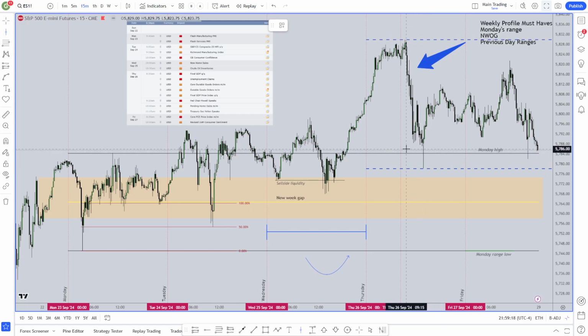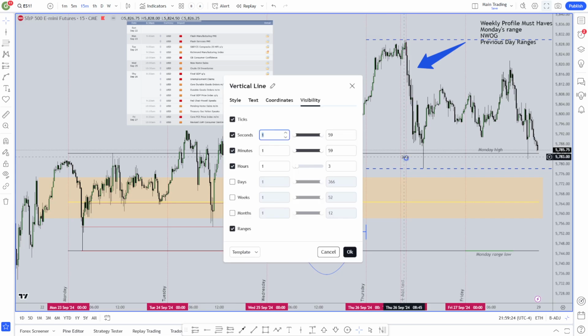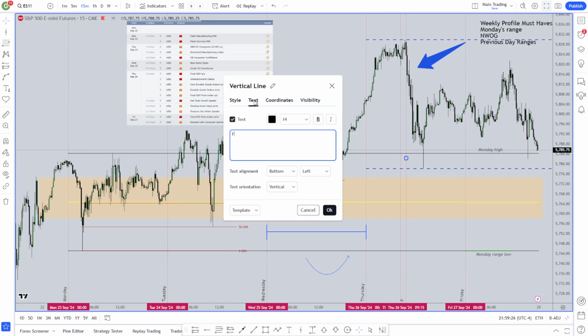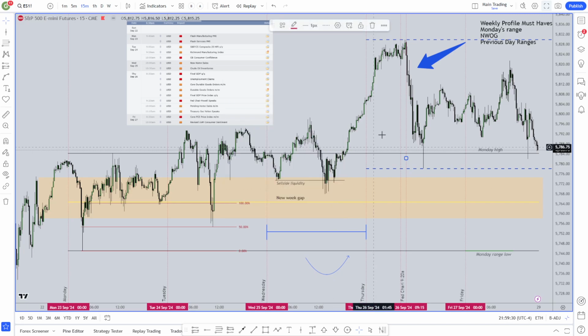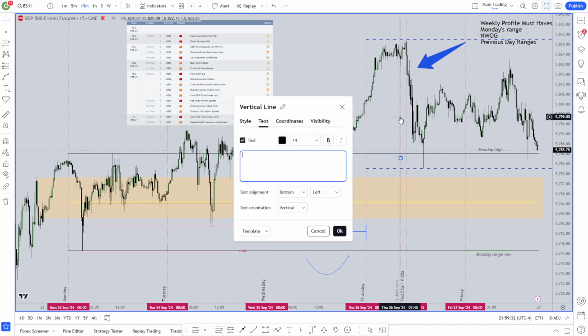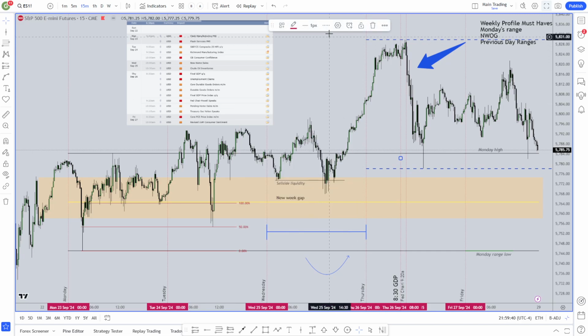So 9:20 is Fed Chair Powell. 8:30 GDP. Let's make these 20s.